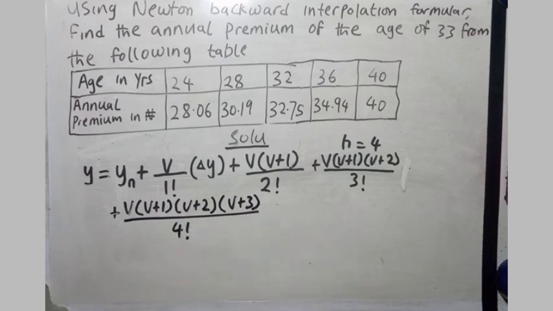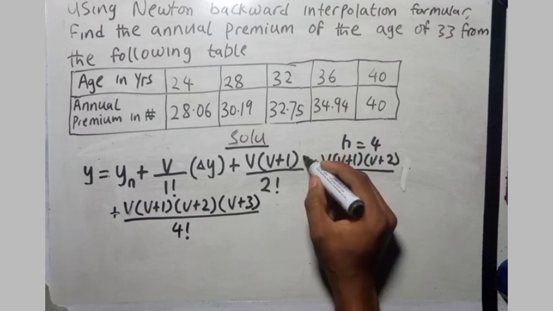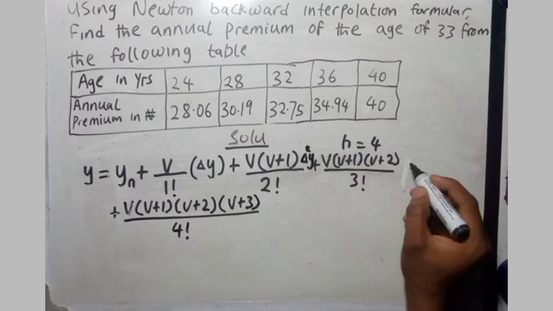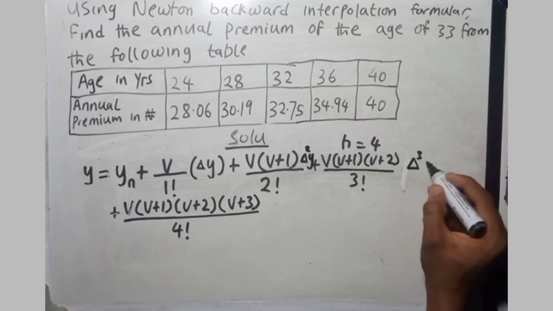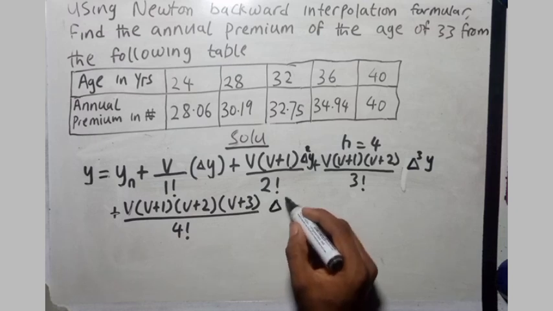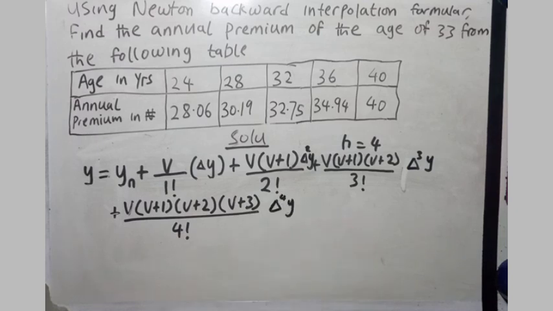Another thing I've omitted all this while is our change in y. This is meant to be our second change in y, this is our third, and this is our fourth change in y. So we have gotten the formula.